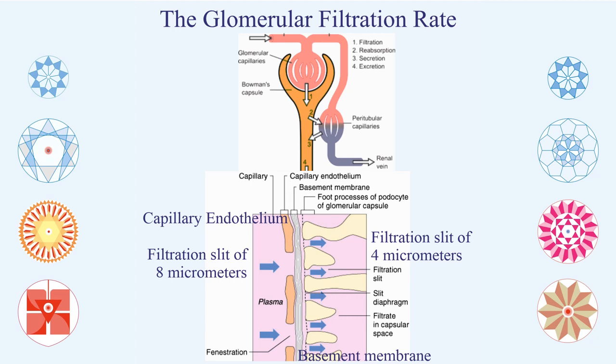From that you can see the slit is narrowed down, not as wide as in the endothelium, which is 8 micron in size. It is almost 4 micron in size. That is something I wanted to highlight, to show why the filtration slit and filtration diaphragm size is only 4 micrometers.